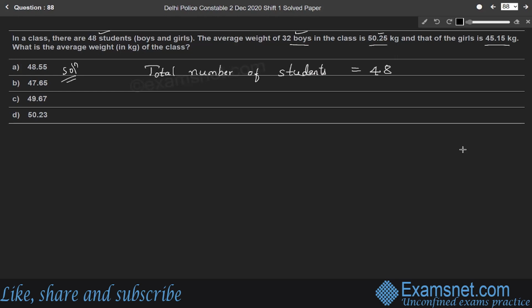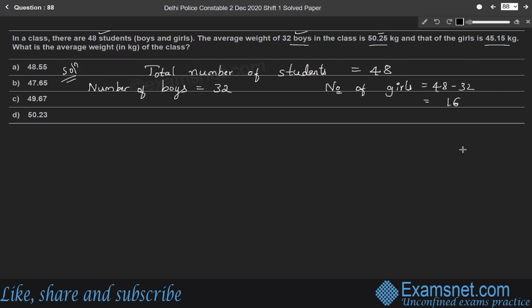Here number of boys is equal to 32. Therefore, number of girls is equal to 48 minus 32, which is 16, right? So if number of boys is 32, right?